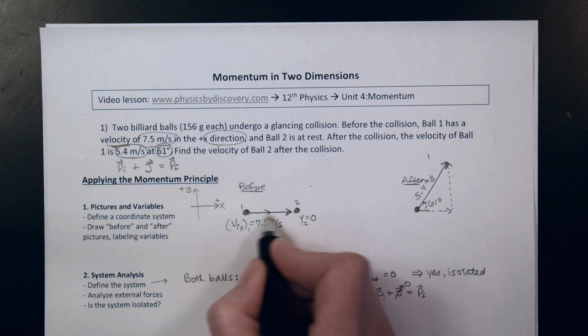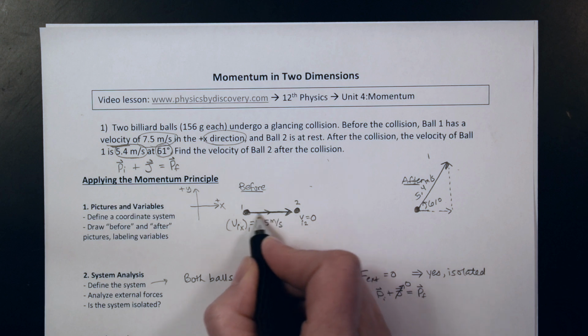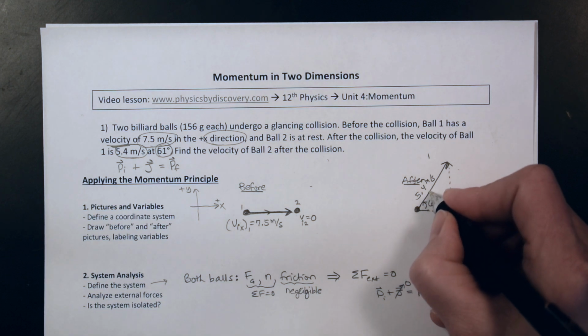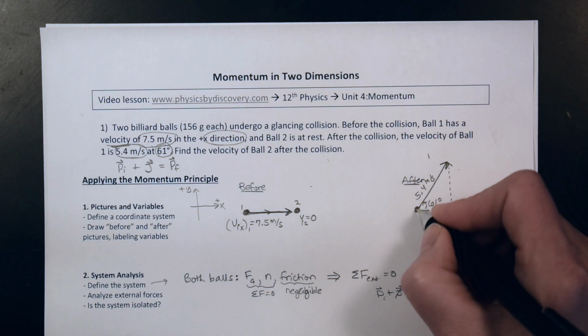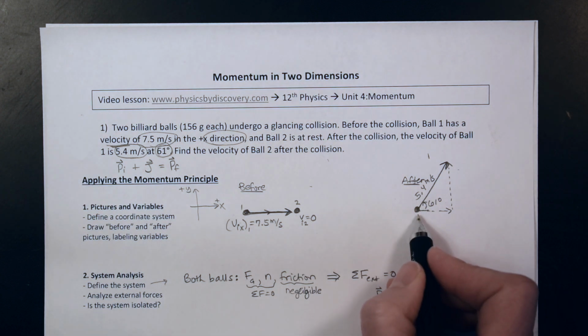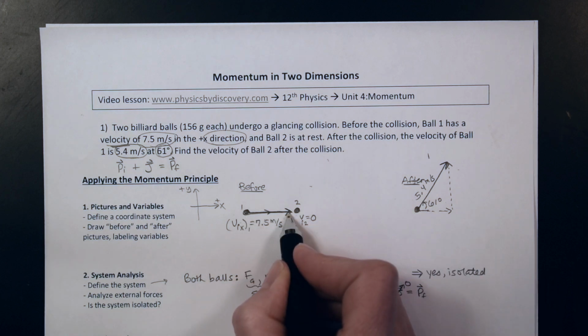So before the collision, the only momentum is going to be from this velocity vector. So the mass of this ball times this velocity is the initial momentum. Afterwards, one ball is going this way, so it has a momentum that's that way. But when I add the momentum of ball 1 plus the momentum of ball 2, I have to end up with something that's horizontal.